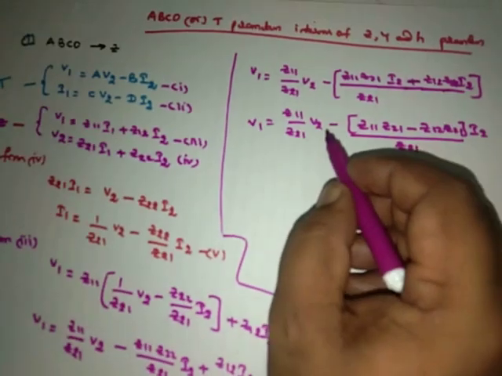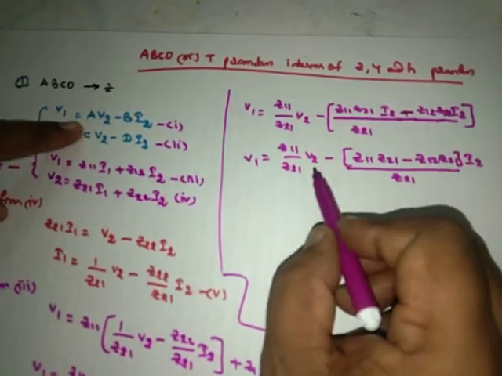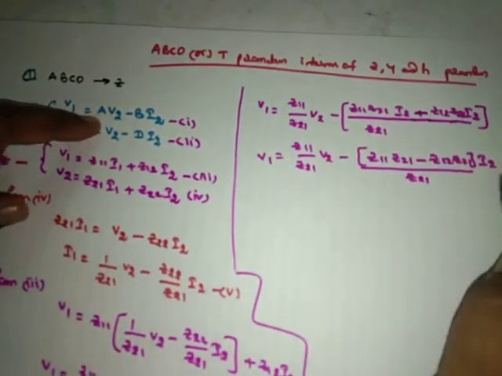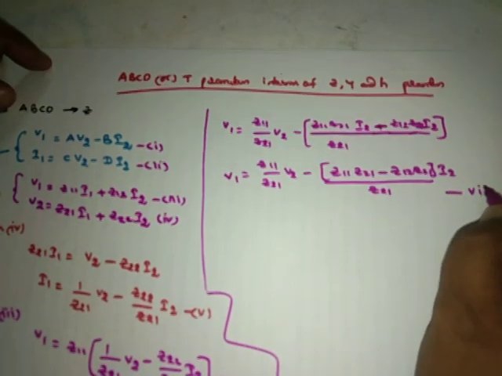So V1 is a function of V2 and I2. So now this is equation 6.